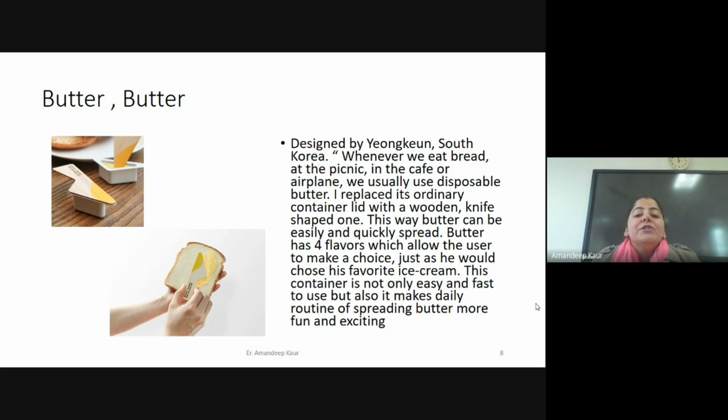Moreover, the ordinary container lid is replaced with a wooden knife shaped one, so the packaging cost of that particular material along with the packaging disposal is also going to decrease if this product is acceptable by the society.